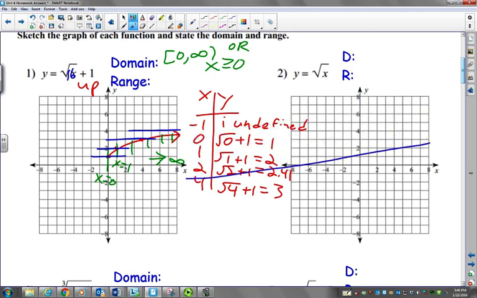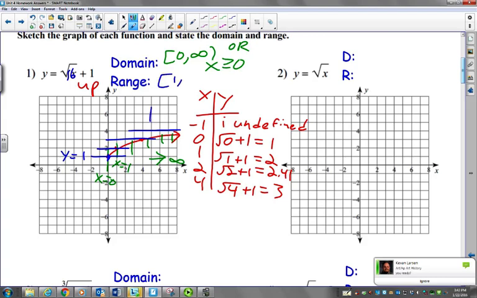It'll eventually get there. So for the range, it will eventually get to the biggest number you can think of, which is infinity. But we do start off at y equals 1, right? So at 1 right there. That's the number 1. And so we're going to start there at 1, and go upwards to infinity, right?